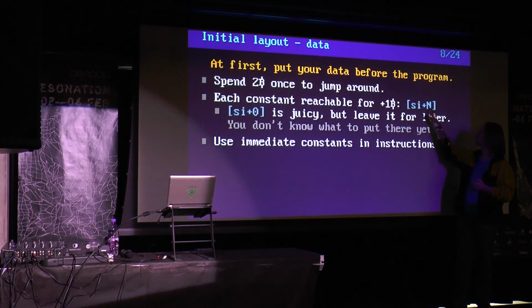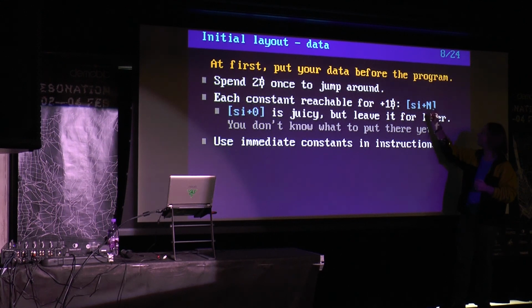So the first 128 bytes of your program can be addressable quickly. If you would put it at the end of the program, which is further than the 128 bytes, you would need to spend an extra byte for every constant access.